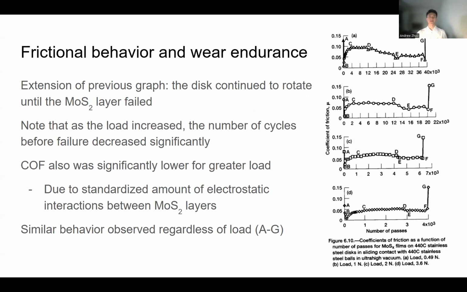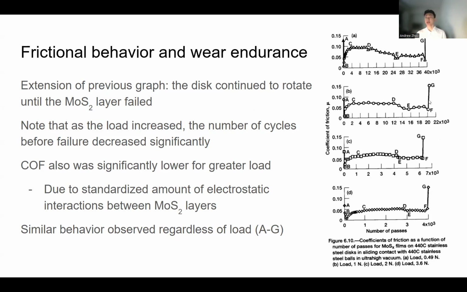But there's also a lot of interesting frictional behavior in wear endurance. As you can see, this is essentially the same graph, except we extended this all the way to failure. So the coefficient of friction still is on the y-axis, but this time we see how many rotations it takes in order for the film to actually slide off of the material, and in order for the solid lubricant to stop working. So as the load increases, as you can see here, the number of cycles before failure decreased significantly.